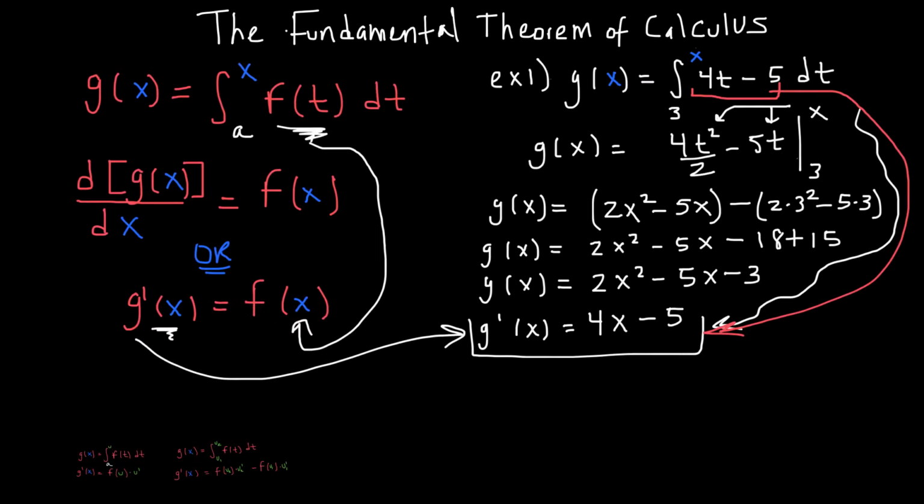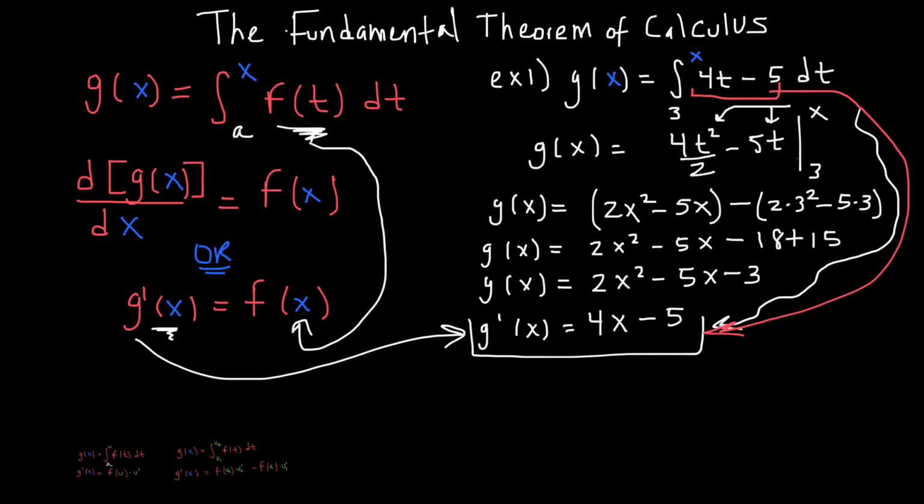If you just sound them out, g prime means take the derivative of whatever g is. And if g is an integral, another way of saying that is, if g is an antiderivative, then what would be the derivative of an antiderivative? Wouldn't those cancel out? The answer is yes, they cancel out. You just get your integrand back, but you have to do the substitution.